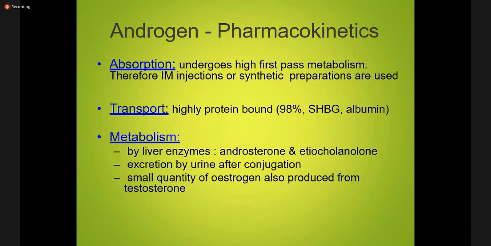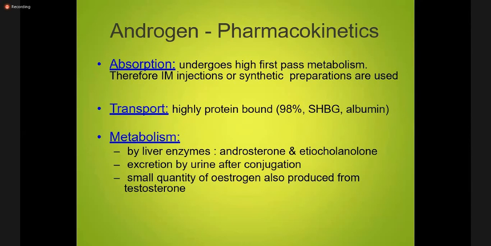Otherwise, modified forms of testosterone can also be used orally. Regarding transport, we already discussed that 98% binds to sex hormone binding globulin. This is the main transport. The liver is the main metabolizing organ, and it is eliminated through the urine after conjugation.